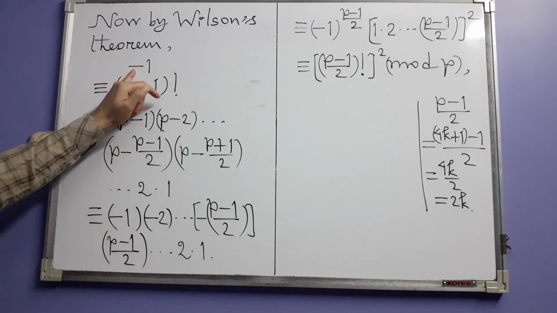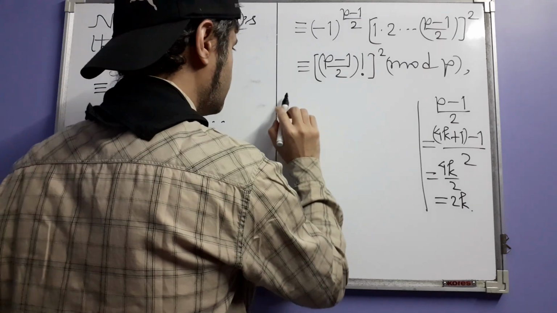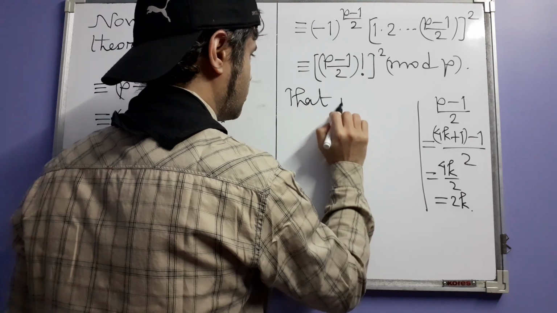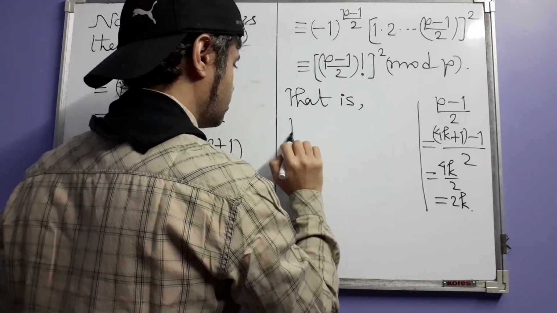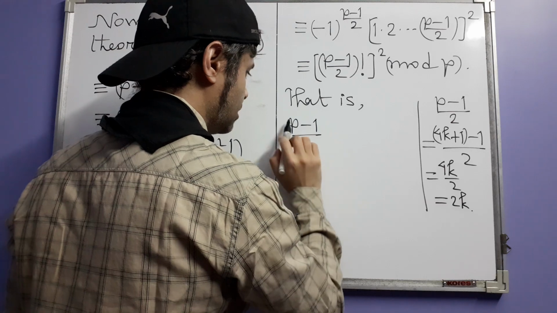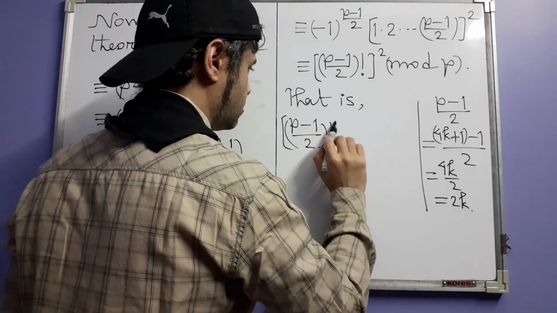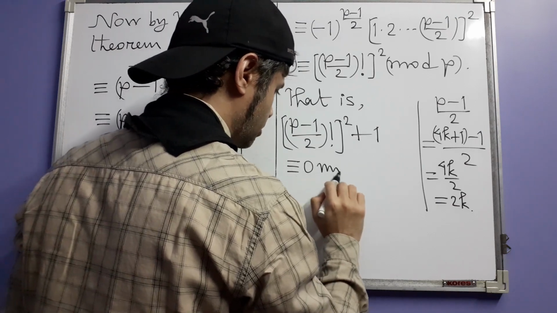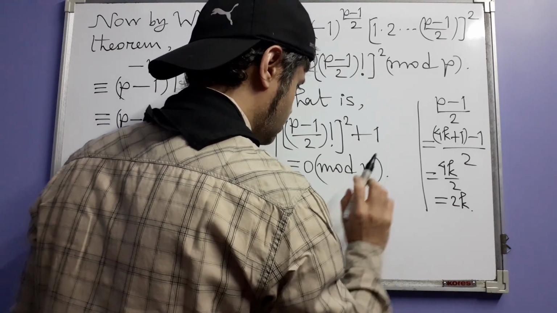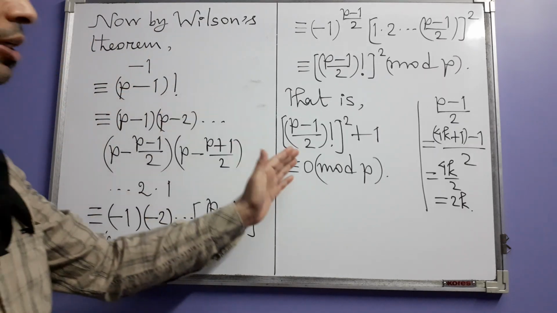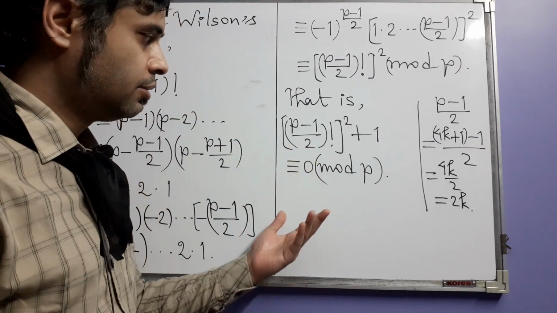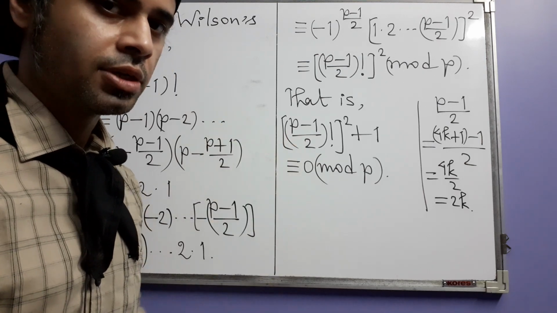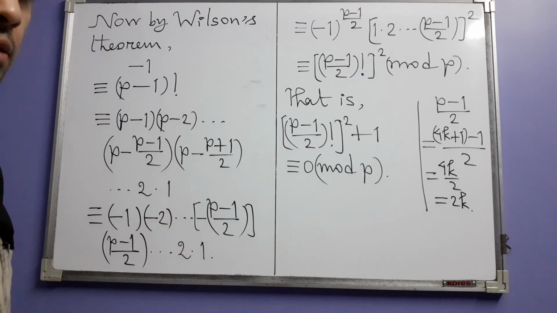Considering the fact that we have minus 1 on this side, you can finally write that p minus 1 divided by 2 factorial, squared, plus 1 is congruent to 0 mod p. So yes, we have shown that this congruence x square plus 1 congruent to 0 mod p really has a solution, and this is an explicit solution. That means the congruence is solvable, and this completes the proof of the theorem.